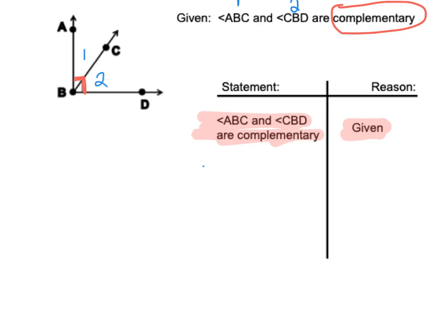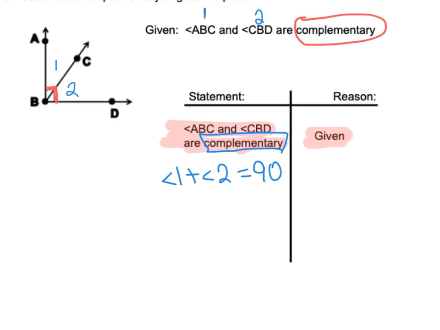So I can say that angle 1 plus angle 2 equals 90 degrees. And my reason, again, I have a vocabulary word in my given information. My vocabulary word tells me I can use that definition. So the definition of it is that they add together to be 90. So the reason I can say that is the definition of complementary angles.